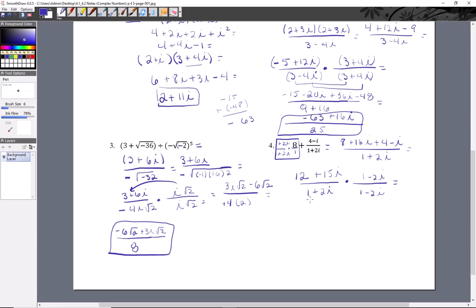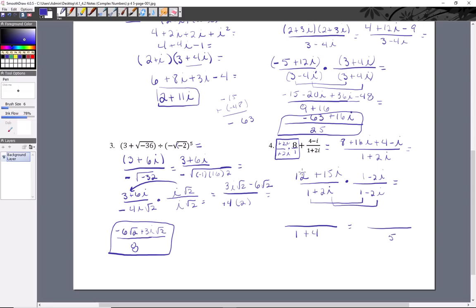And remember that when you have conjugates, you only have to multiply the two firsts and the two lasts. So that should take care of your radicals. So 1 times 1 is 1, and plus 2i times a negative 2i is a negative 4i squared, which is plus 4, right? So that'll become a 5.